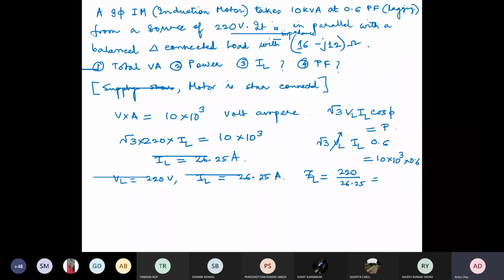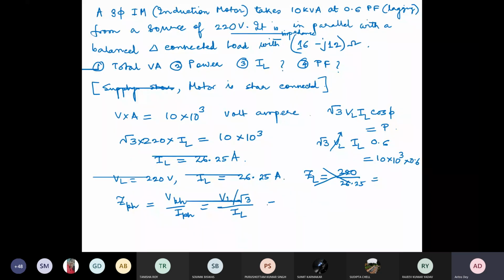Okay. So if we need to find out per phase, because it is told that supply is star and motor is star connected, we have taken line voltage to be 220. To find out Z phase, we can find V phase divided by I phase. We can write V phase as VL by root 3, and I phase is equal to IL when it is star connected.